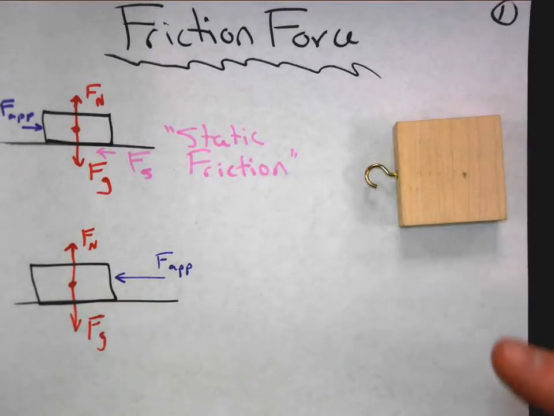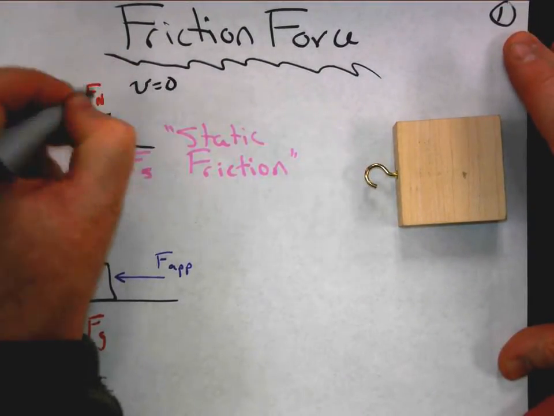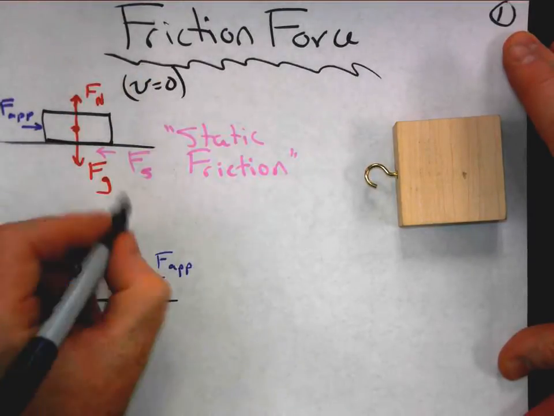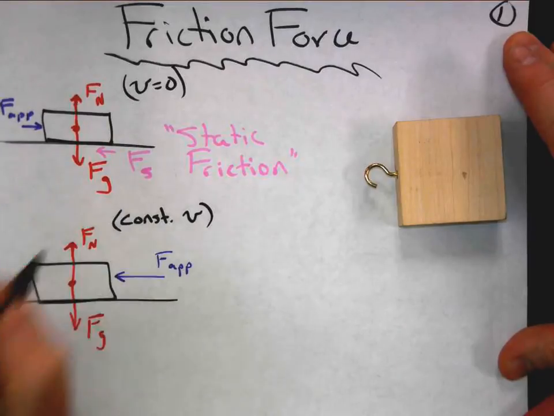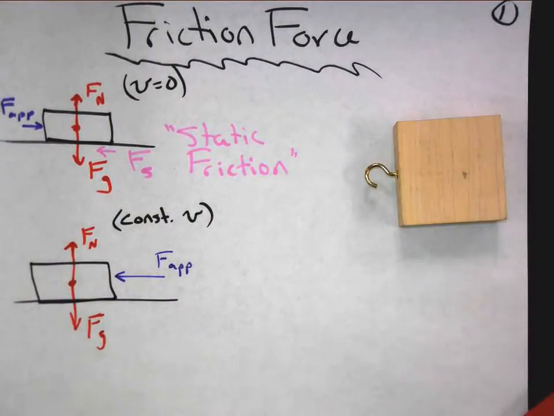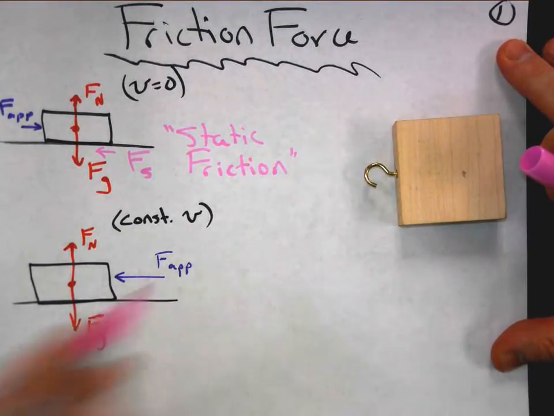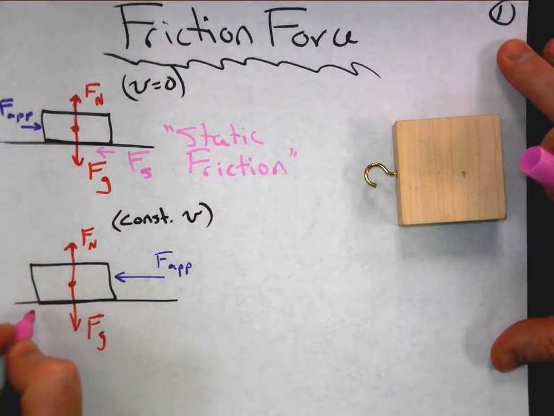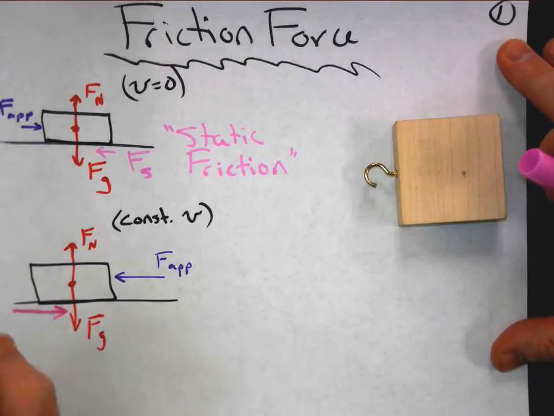And now what we see is constant velocity. Here there was no velocity. Here we see constant velocity, and so acceleration is still zero. So there's still friction, and there is this brand new friction force opposing that motion. Motion is that way. Friction always opposes motion, so it's going to be pushing this way. I want to draw it the same length as that arrow.